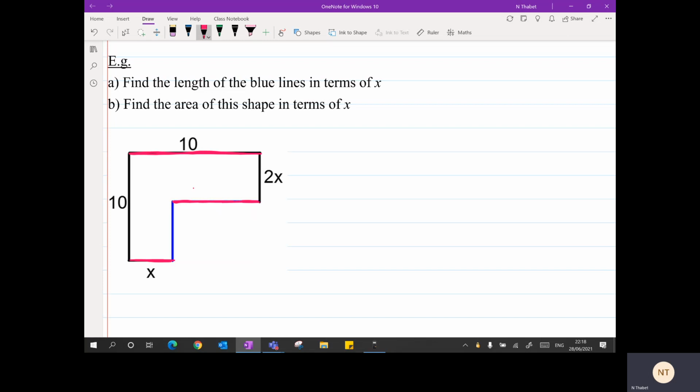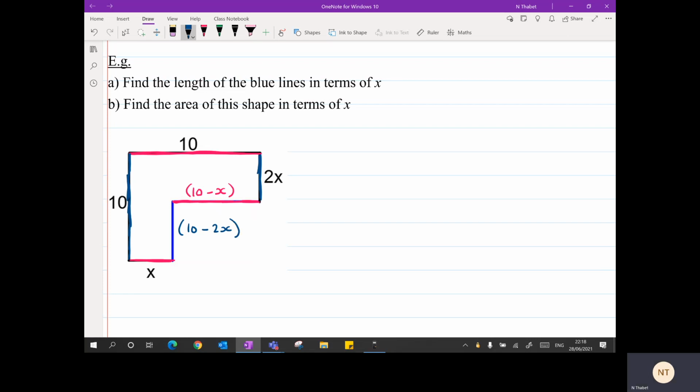So that pink line is 10 take away x. And the blue line is a vertical line. Altogether it would make 10, but we've got that little part which is 2x. So this blue line is 10 minus 2x.